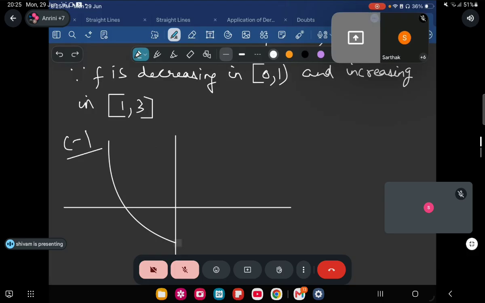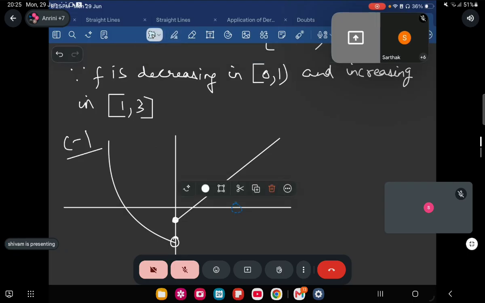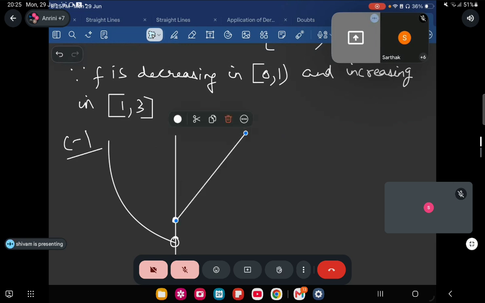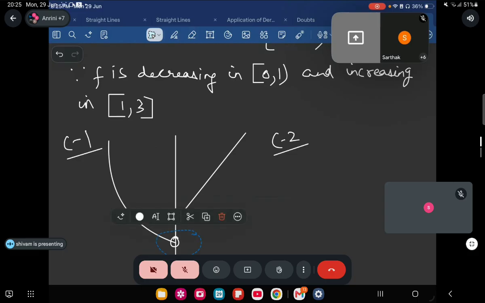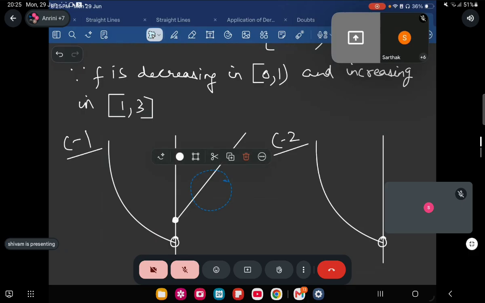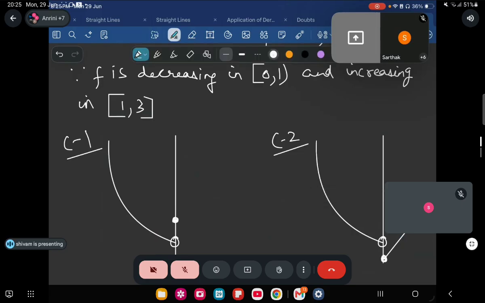This is one thing, 2x minus 3. This can happen, right? This is one case. Tell me, everyone. Case two. So Sarthak, you have to identify which case or cases will be the correct one. This is another case at x equal to 1.